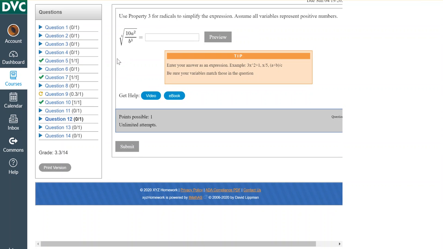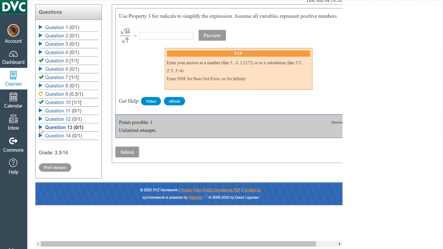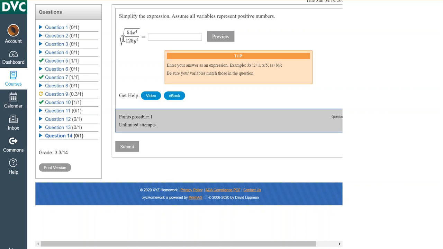In 12, it's now a cube root, so you're looking for perfect cubes of a fraction. In 13, we'll do a problem similar to 13. We're going to be using that product property in a different direction. And in 14, again, cube rooting of a fraction, so I'm looking for perfect cubes.